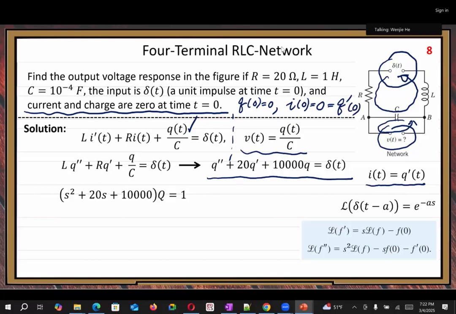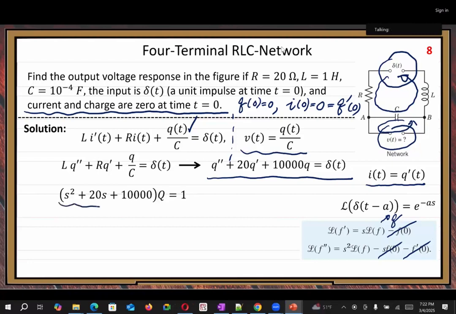So that's why, when we apply the derivative formula, because this little f equals q here, all the terms using initial values are gone. So you can easily see we have this equation.